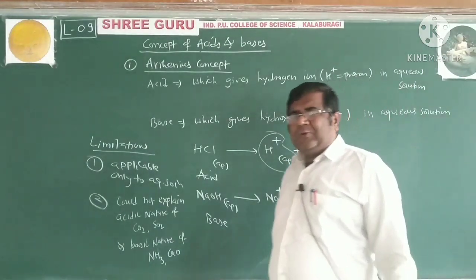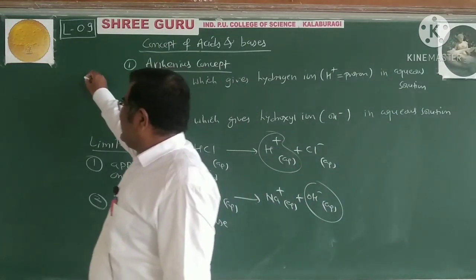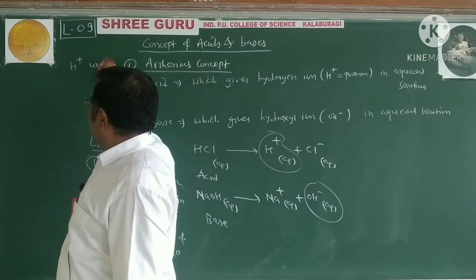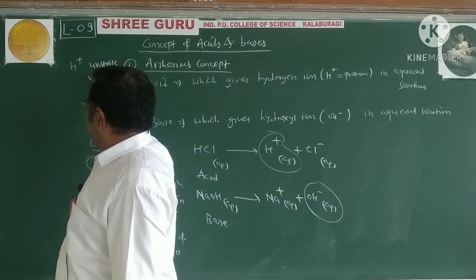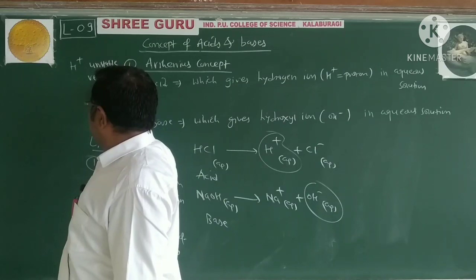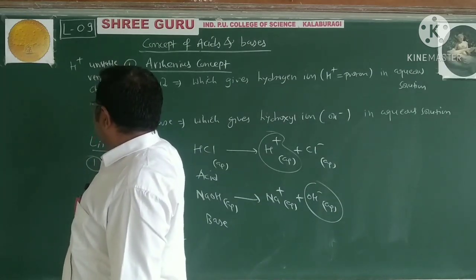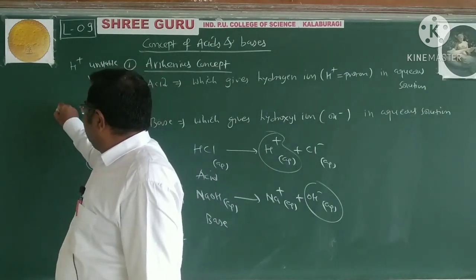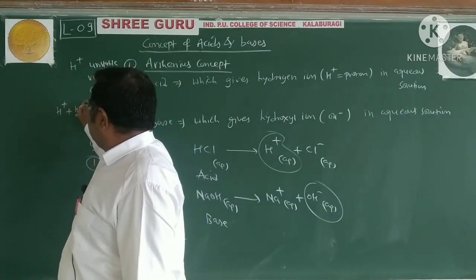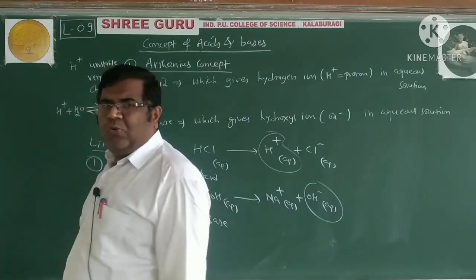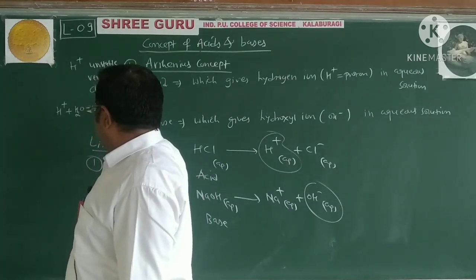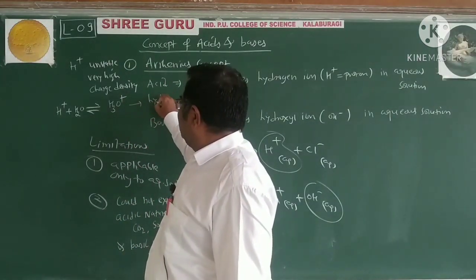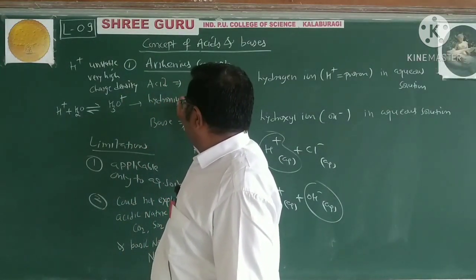And one more thing we have to remember, that this H plus ion is unstable because it has very high charge density. So how does it get stabilized? It combines with H2O and forms H3O plus, which we call the hydronium ion.